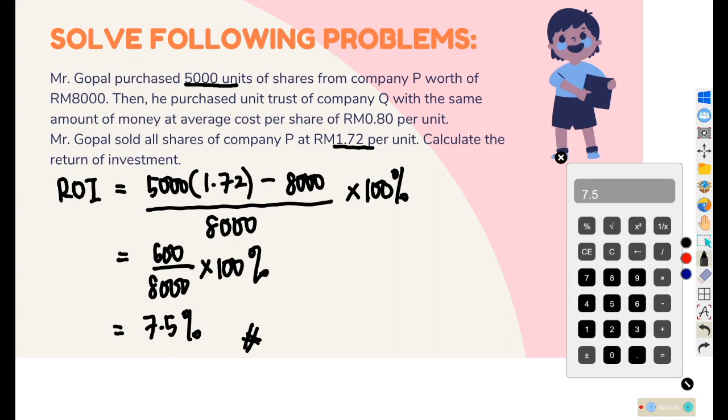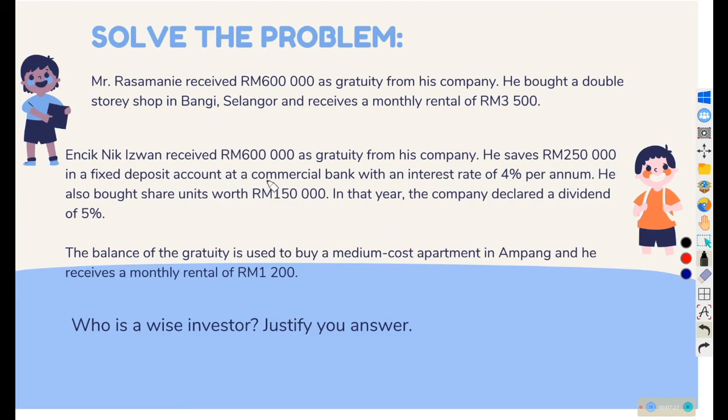Okay, now we move on to the last problem. Mr. Ramasamy received 600,000 as gratuity from his company. He bought a double-story shop in Bangi, Selangor and received a monthly rental of 3,500. The second one is Encik Nik Izwan, who received 600,000 as gratuity from his company.